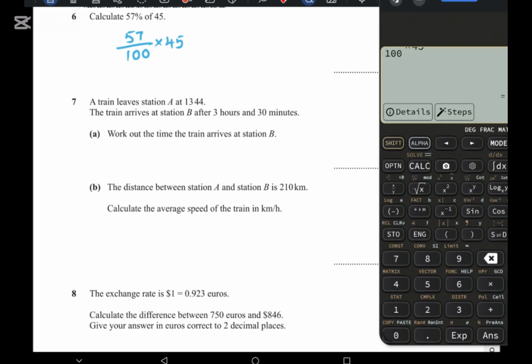To find out using calculators, 57 by 100 into 45 is equal to 25.65. So 57% of 45 is 25.65.